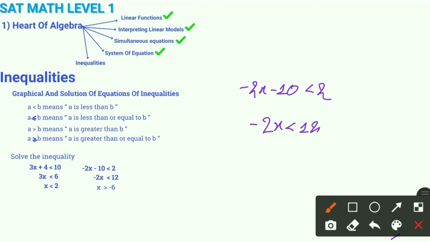One thing to remember is that whenever you divide by a negative number, the inequality sign will change. So right here we have minus 2, and if I divide 12 by minus 2, then the inequality sign will change, and 12 upon minus 2 is minus 6. Minus 6 is the answer.